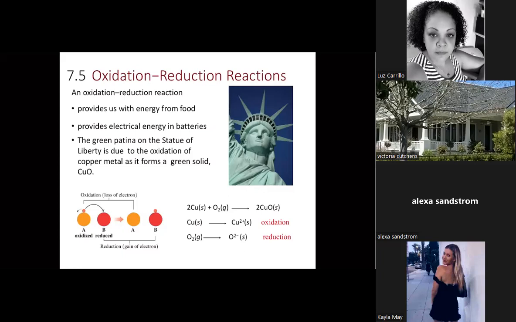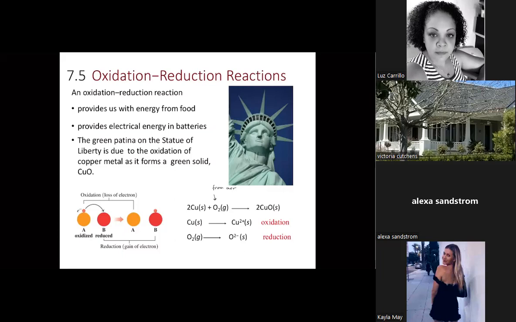Excellent. Okay. So the Statue of Liberty, it is actually made out of copper. And over time, that copper has undergone an oxidation reduction reaction. That copper, when it's exposed to molecular oxygen, and that molecular oxygen comes from air, has created what we see as copper 2 oxide, okay?